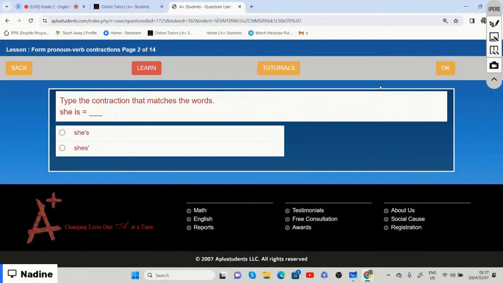She is. So she is. Do we say she's, or do we say she's with an apostrophe at the end, after the S? So which one is correct, the first one or the second one?